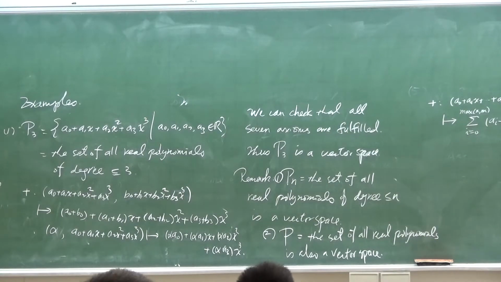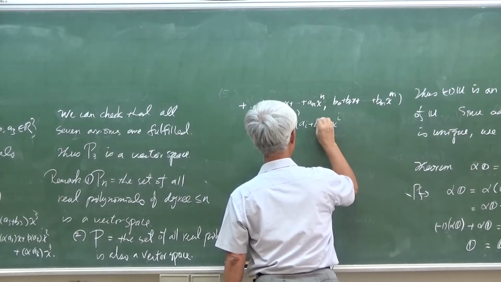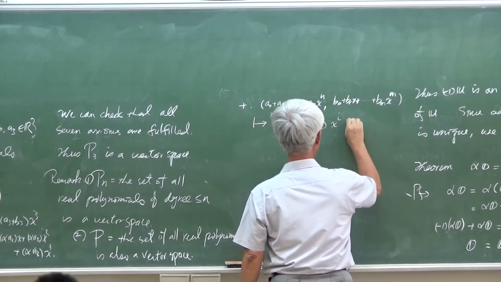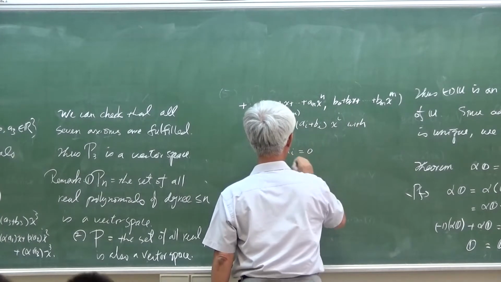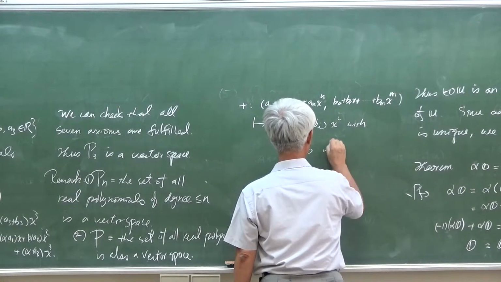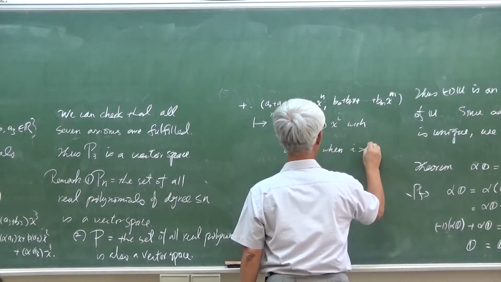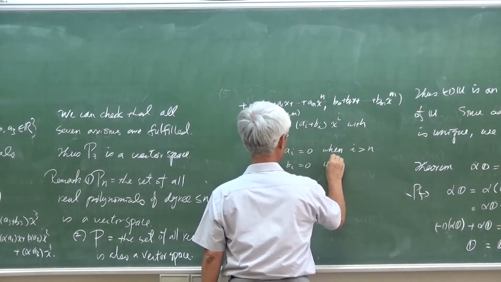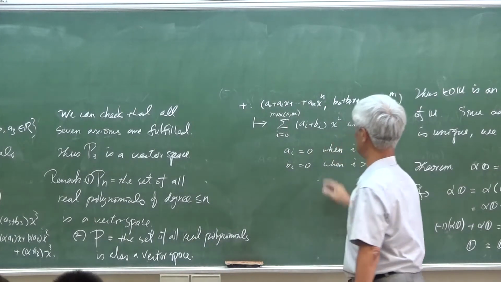And then you will say that, with a convention, a_i equals 0 when i is greater than n, and b_i equals 0 when i is greater than m.